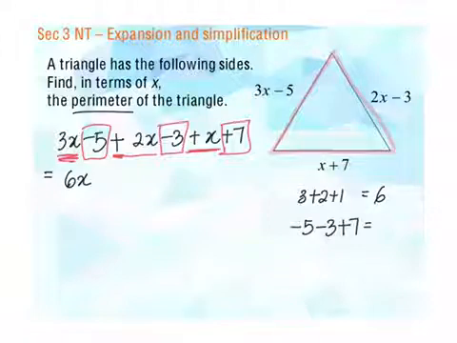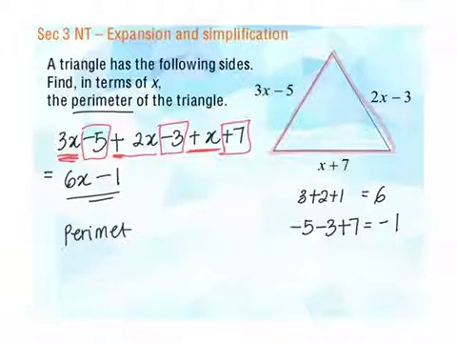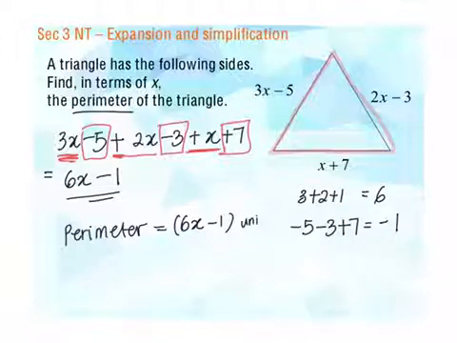That gives us negative 1. And this will be 6x - 1. Answer. I forgot to mention that we will need to write down a simple statement. Perimeter equals 6x - 1. Since we do not know the units, we will just leave it as units.